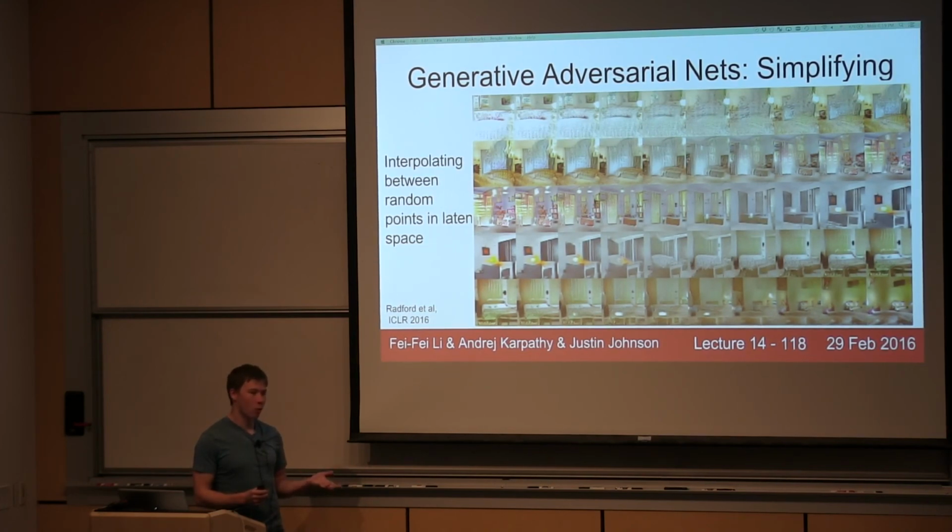Here, remember, we're just sampling from noise and passing that through the generator. And then the generator has just decided to use these different noise channels in nice ways, such that if you interpolate between the noise, you end up interpolating between the images in a nice, smooth way. So hopefully that lets you know that it's not just memorizing training examples, it's actually learning to generalize from them in a nice way.